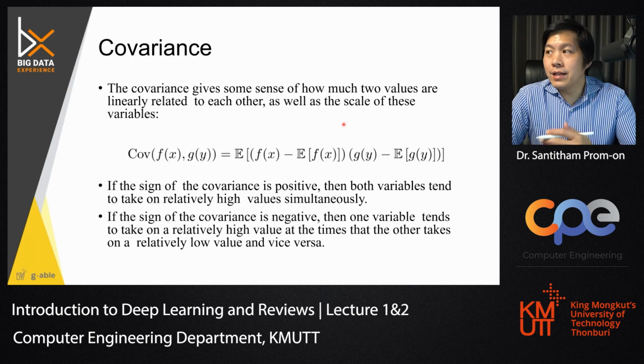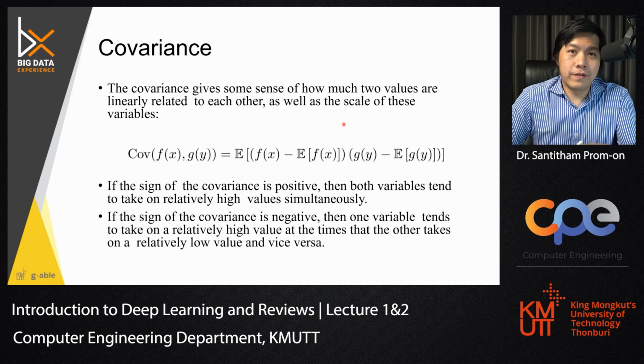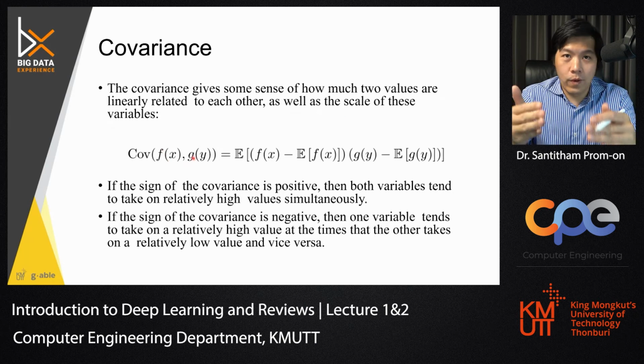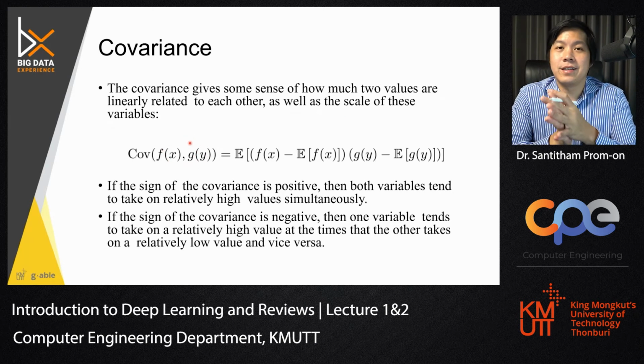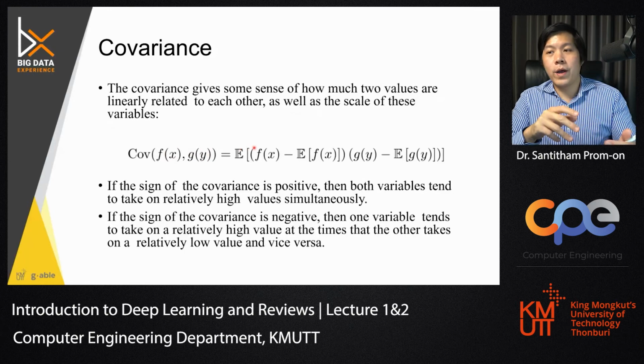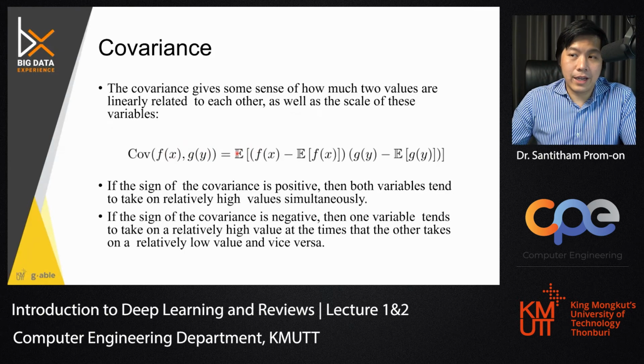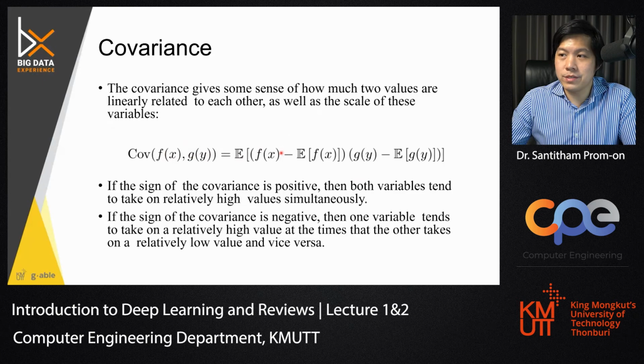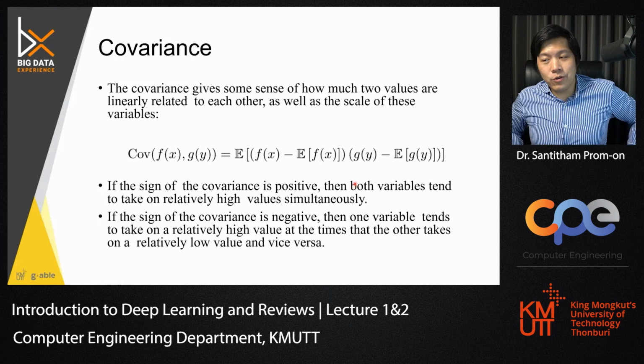Okay. And the term covariance refers to finding the variance of two things together. So covariance of functions f(x) and g(y) of two variables is taking the expected value of comparing, in one axis, f(x) to E[f(x)] and g(y) to E[g(y)].